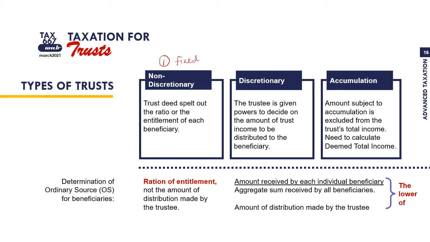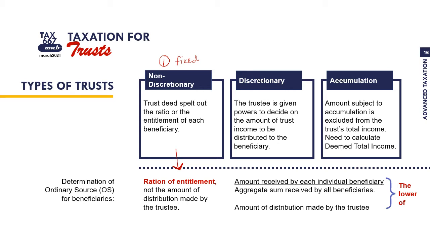Trustee tak boleh tukar. So for this type of trust, non-discretionary, bila you nak tentukan ordinary source for non-discretionary trust, you akan ambil ratio of entitlement, not the amount of distribution made by the trustee.